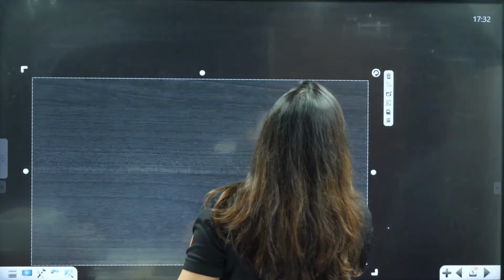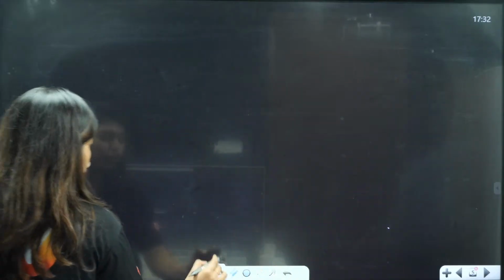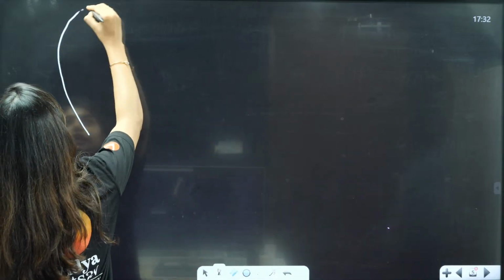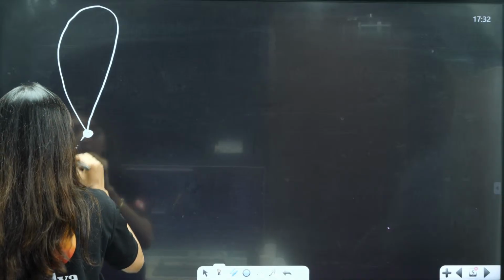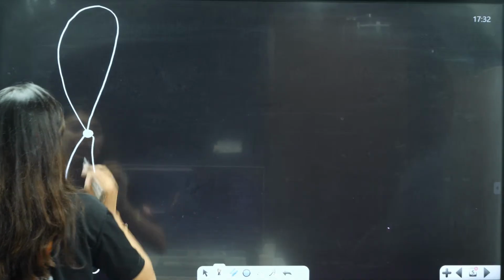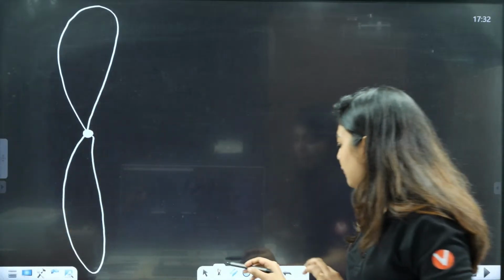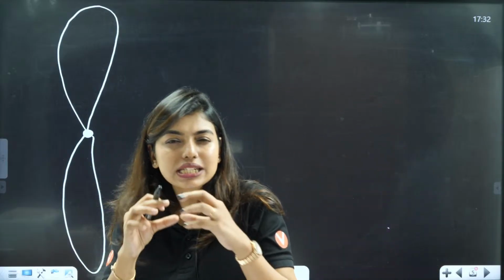Euchromatin and heterochromatin. Now students, look, in one chromosome there will be regions, just think like this, this is one chromosome. In a chromosome, there can be regions where it is densely packed and regions where it is lightly packed.